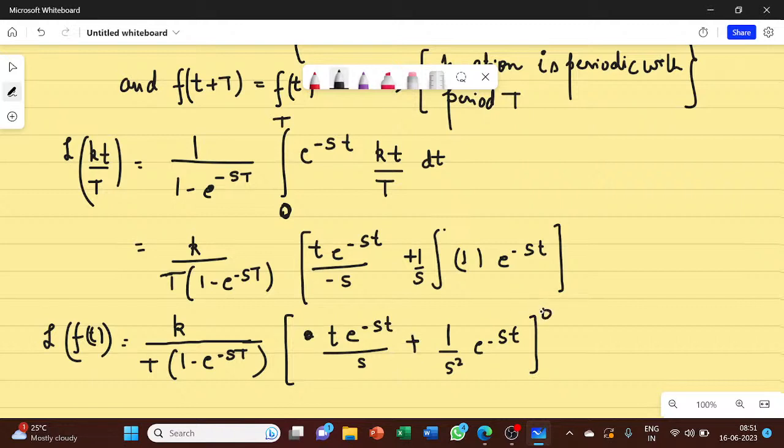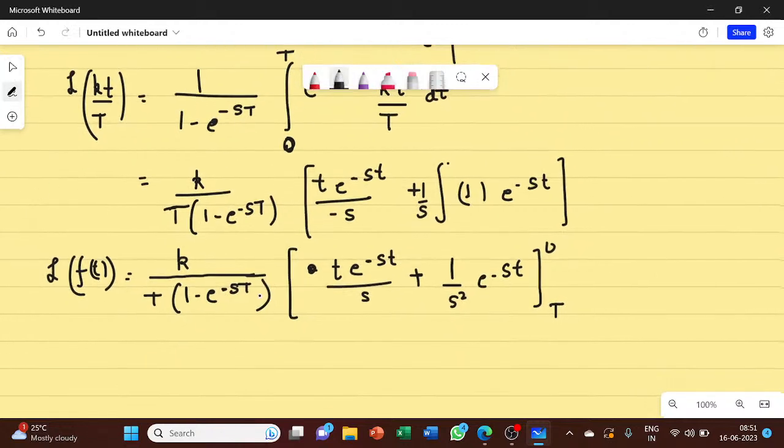The upper limit I'll place T and the lower limit I'll place 0. If I take this negative and interchange the limits, and place 0 here it will become 0, and if I place T here, what I'll get is k upon T times 1 minus e to the power minus sT.